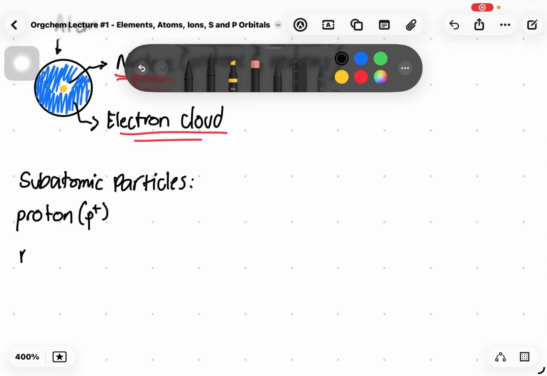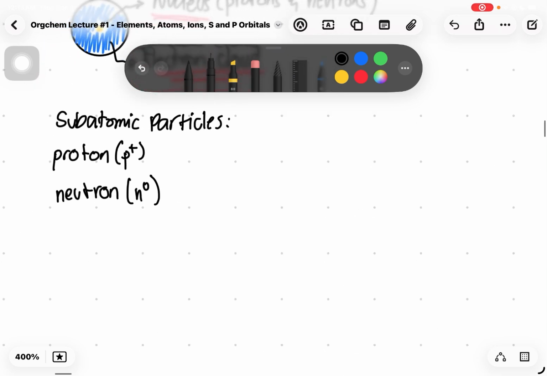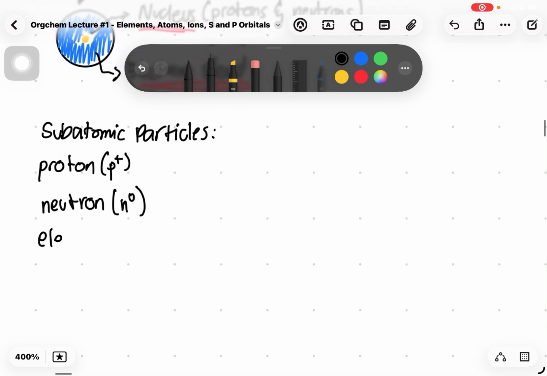Next, we have the neutron, which is uncharged. It can be denoted as N raised to 0. And lastly, the electron, which is negatively charged, and we can denote this as E-.